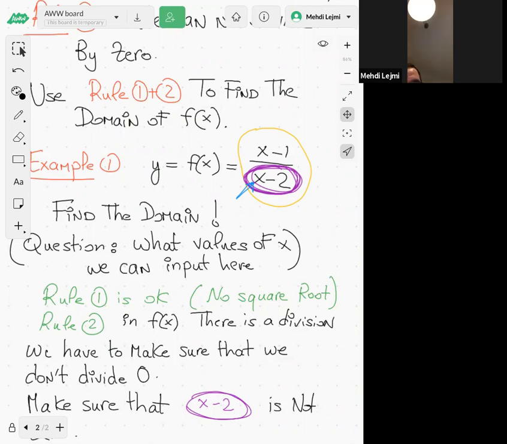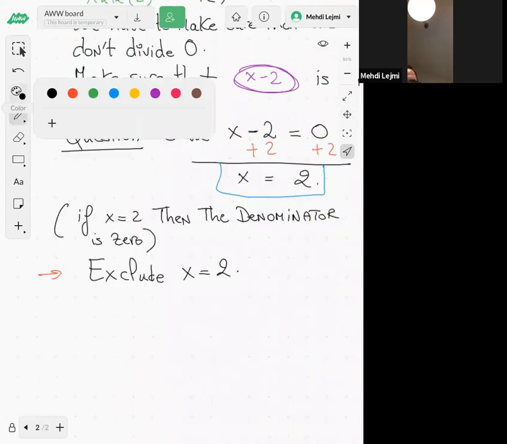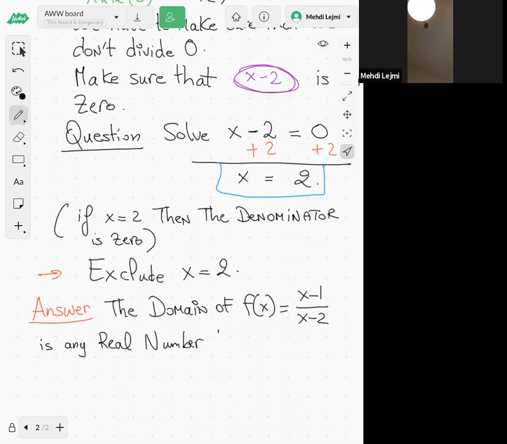So the answer to the question here, the domain of f of x, which is x minus 1 over x minus 2, is any real number except the +2.